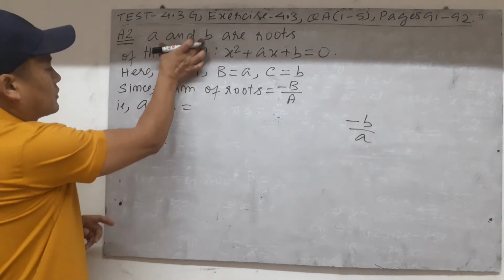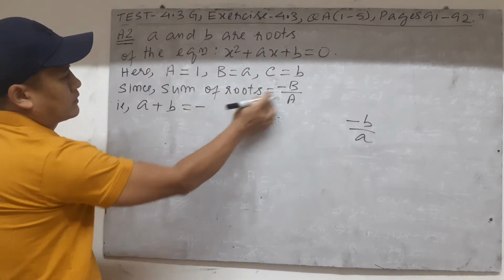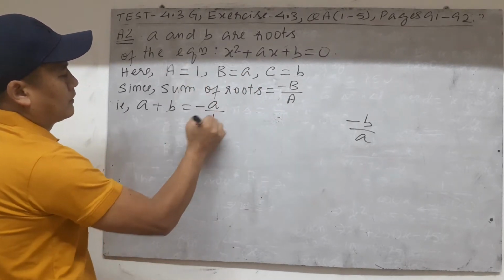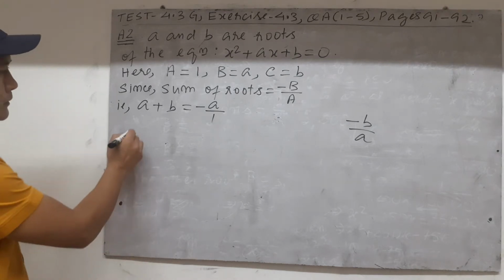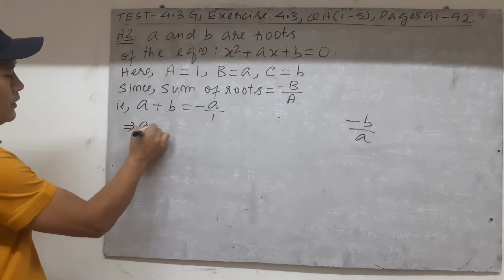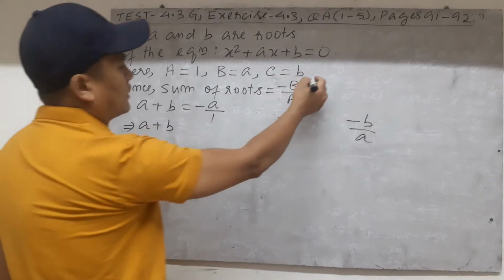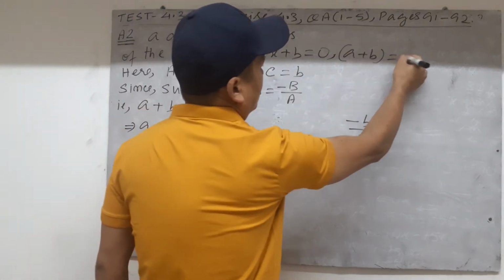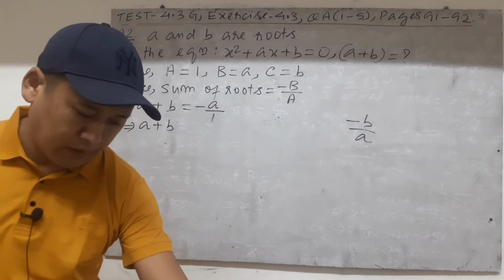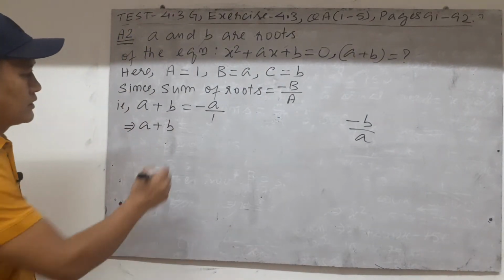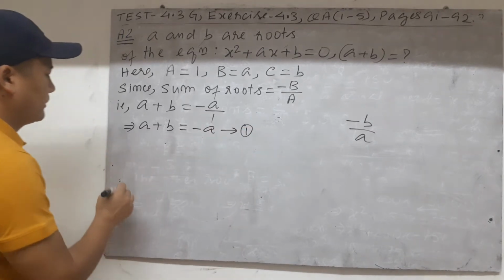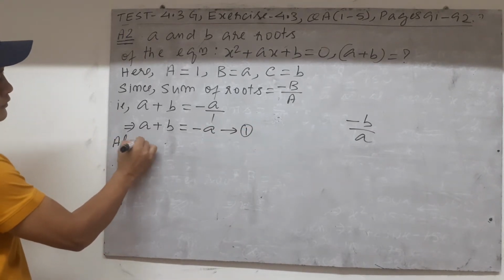Sum of the two roots equals minus B, here small a, and A here is 1. So we got that one. So let us write here a plus b. Now keep here something. We have to find a plus b, look at your question there. So a plus b is equal to minus a. Let us keep this one as equation 1. Also, we know this formula.